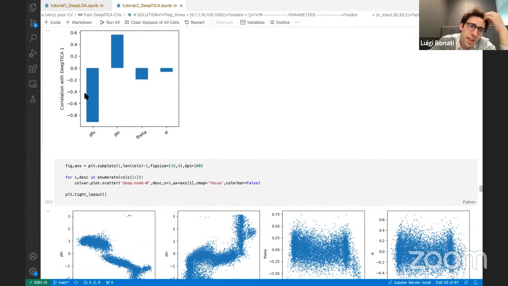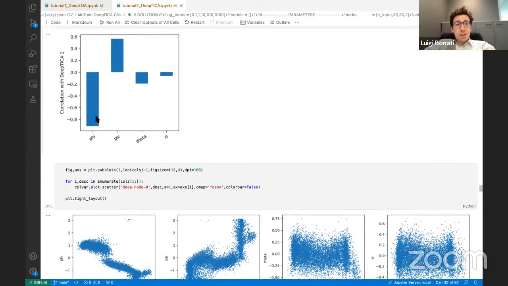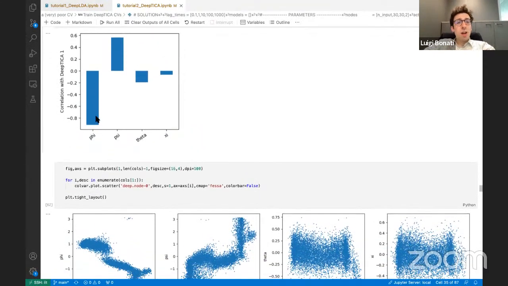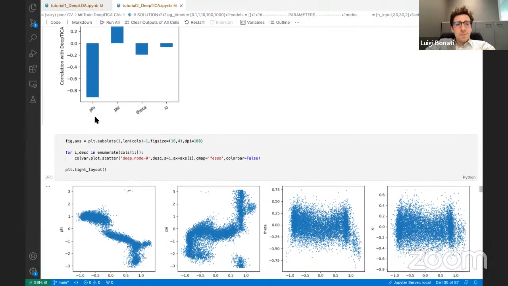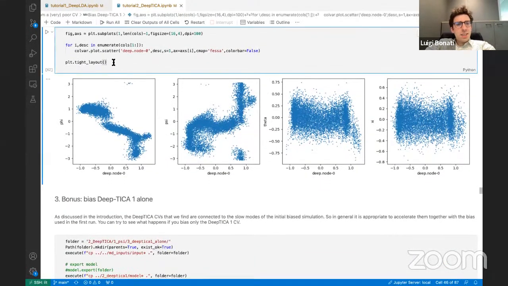And as we see, the picture is actually quite similar to the deep LDA, because this is a very simple case, but still it's remarkable that they are closer, that also deep LDA provides a CV which is coherent with what we found here when we extract the slow modes.